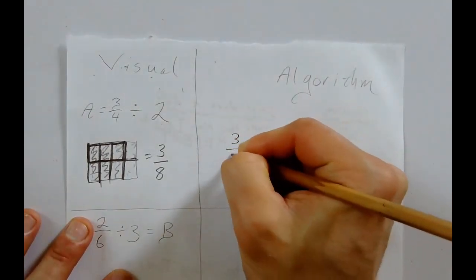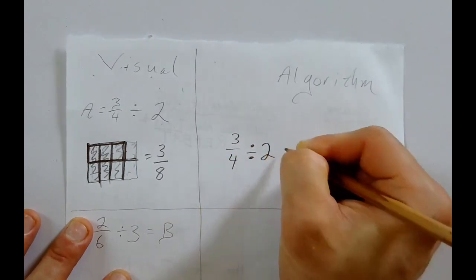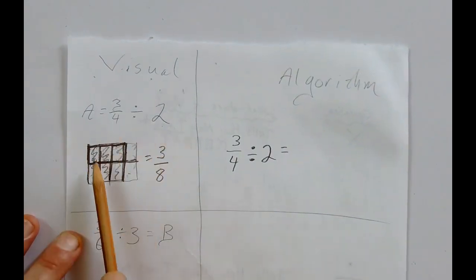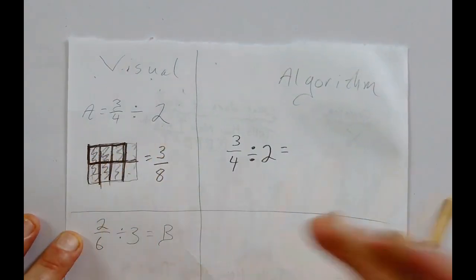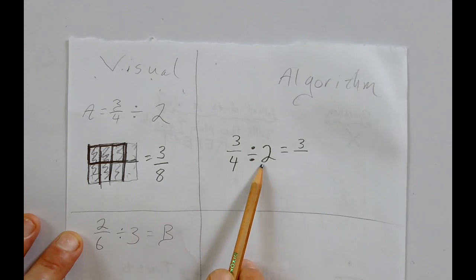I had 3/4 divided by 2. Well, notice I'm going to keep this 3. I'm going to have 3 pieces still. But the size of those pieces is now 2 times smaller, right?